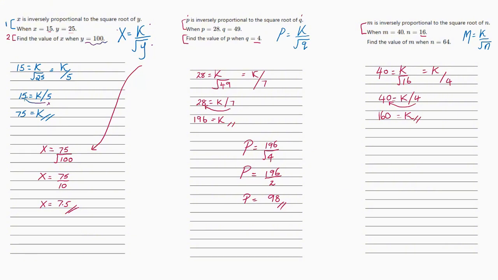Now we can answer the final question. Find the value of m when n equals 64. So now we've got m equals our k divided by the square root of our new n, which is 64.